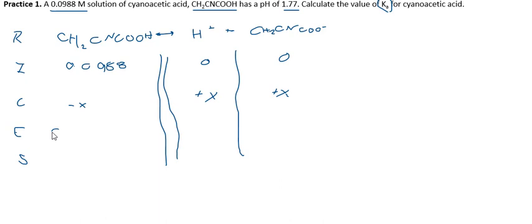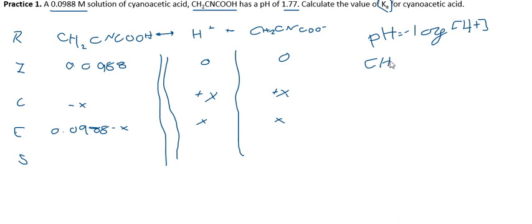My equilibrium expression is going to be... similarly, I'm going to use pH to solve for the concentration of H plus, which is equal to X. So let's do that over here. pH is equal to the negative log of our H plus concentration.